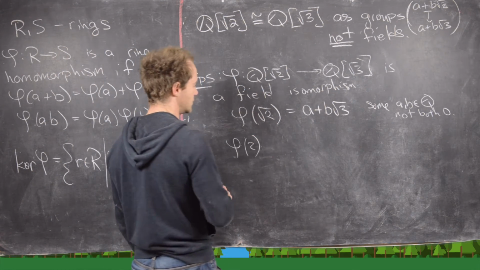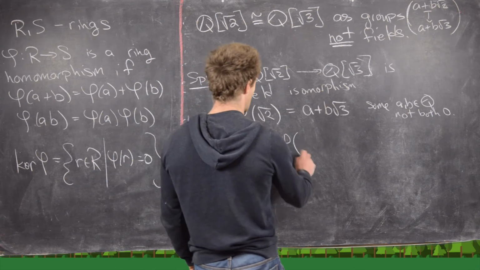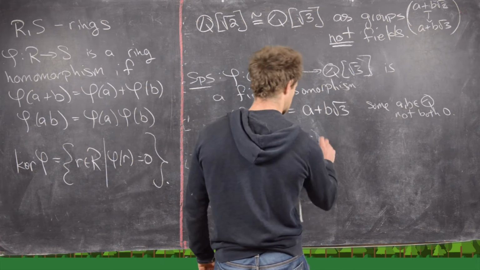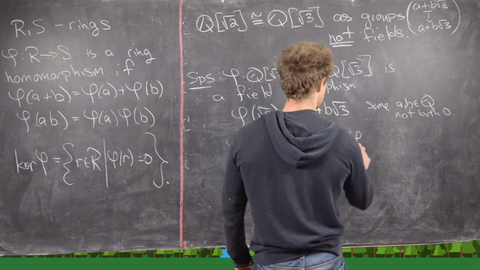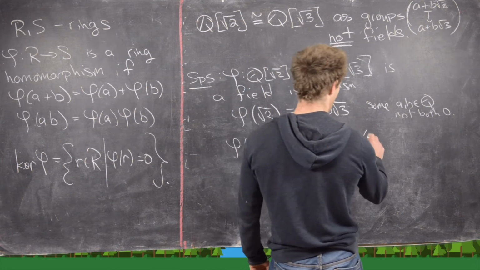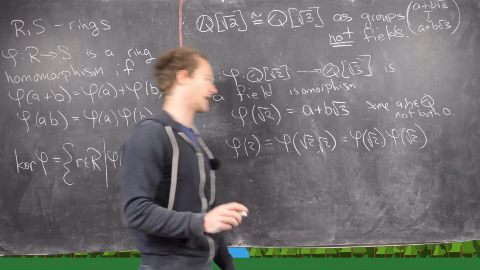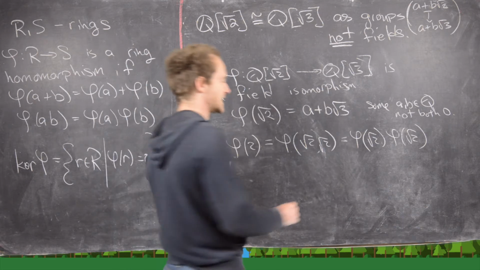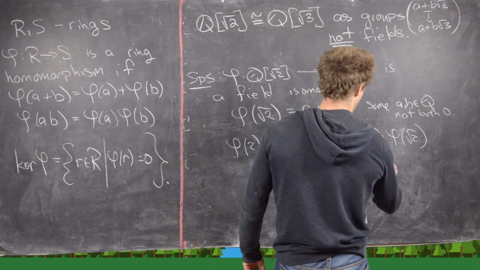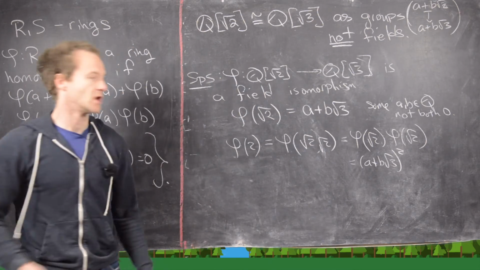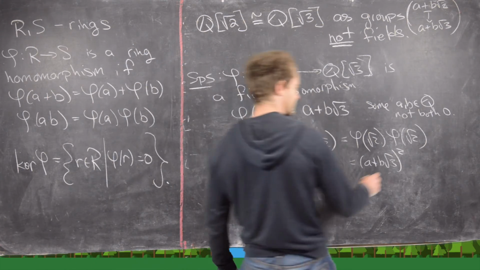So phi of 2 is going to be phi of root 2 times root 2, which is equal to phi of root 2 times phi of root 2. Okay? But notice that's going to be the same thing as a plus b root 3 quantity squared, which we can simplify by foiling this thing out.